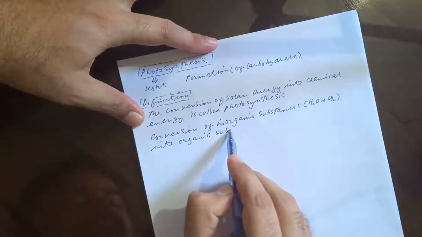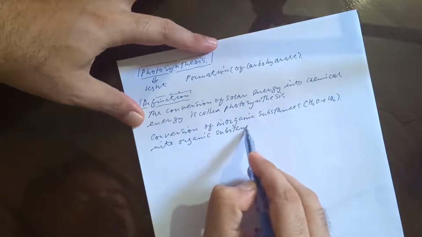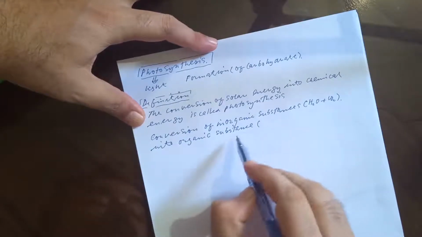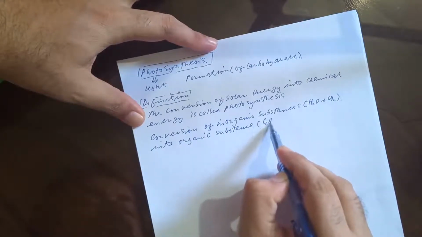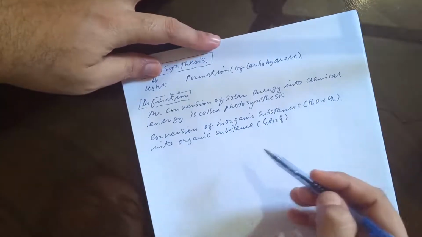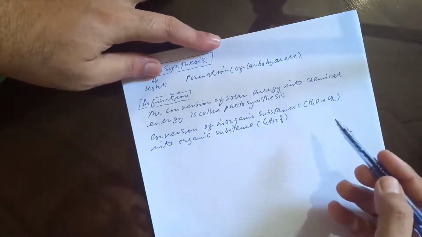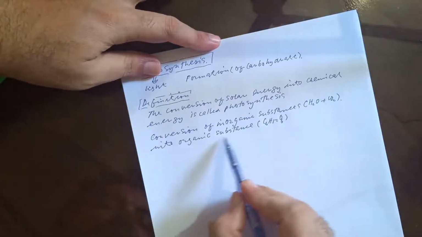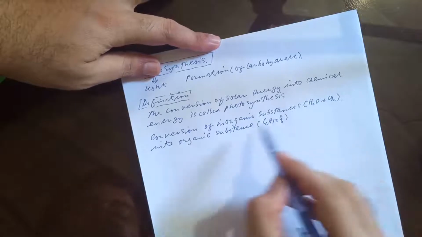What they are talking about here is C6H12O6, the glucose molecule. There are certain byproducts also in the equation, we'll see, but this is what they are talking about.